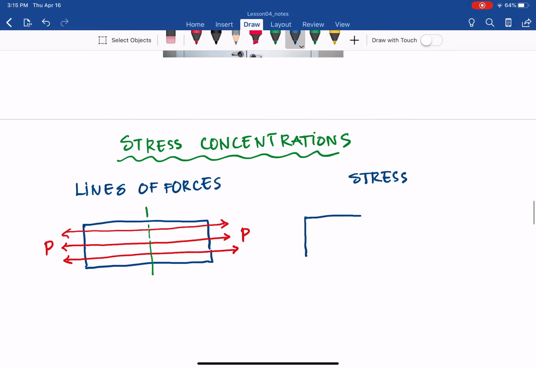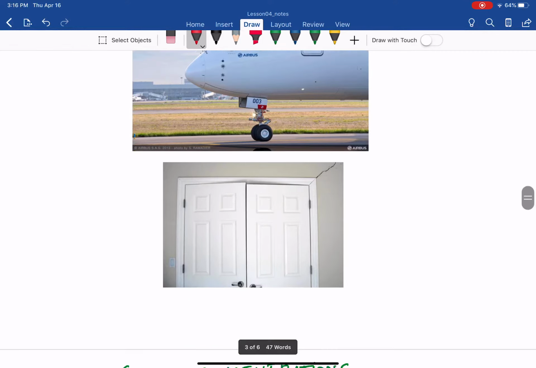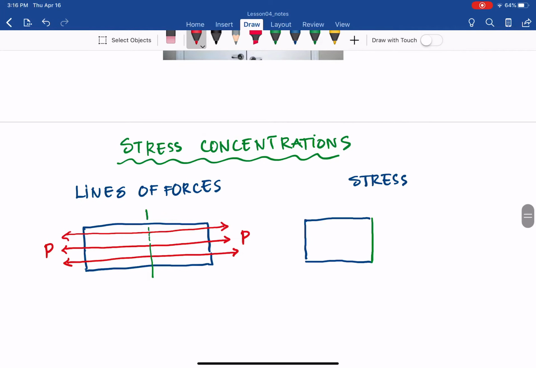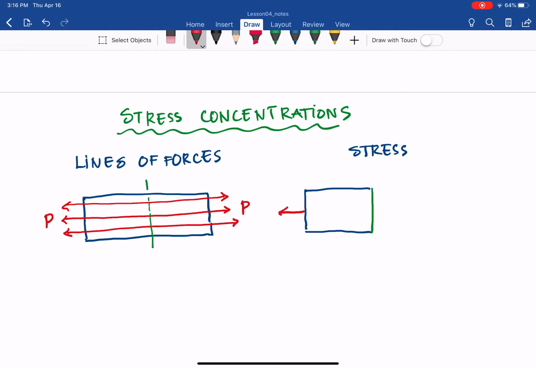If we make that cut, and we have the cut here, and then we have the load P in here, then the stress on the cut will be the sigma average distributed throughout the area, and that is the sigma average. And that is what you already know. Sigma average, for example, for the centric axial member is P over A.